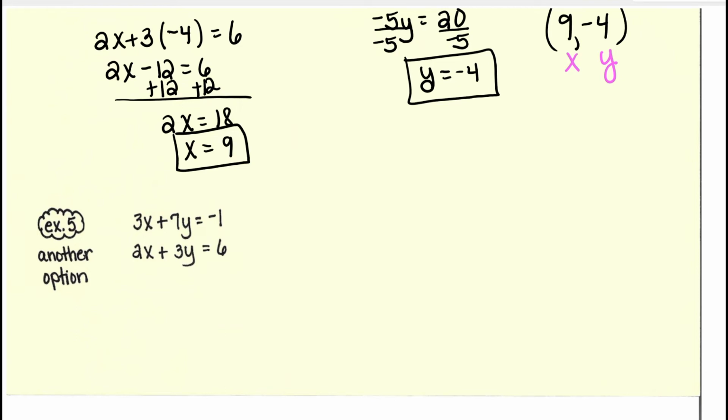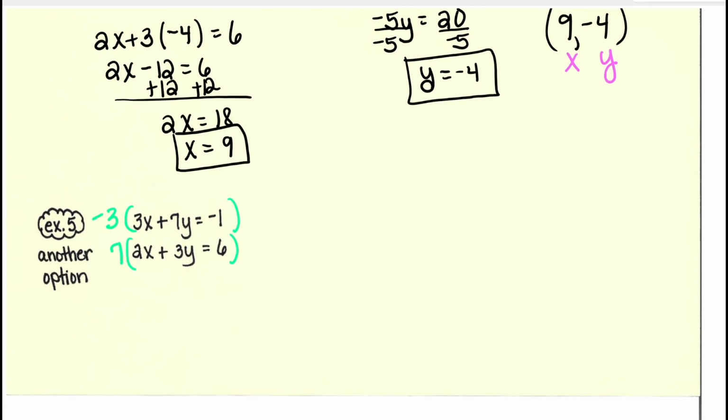So if I had done that, I would say that I have a positive 7 in the top equation, so I'll make that be a 7 in the bottom equation. I have a 3 in the bottom, so I'll put a 3 up in that top equation. Again, nobody's going to cancel unless one is positive and one is negative.